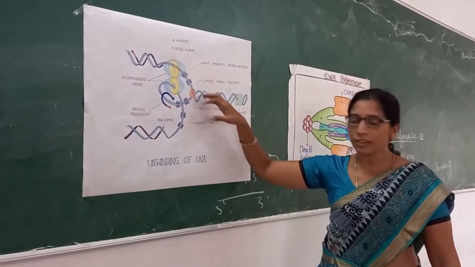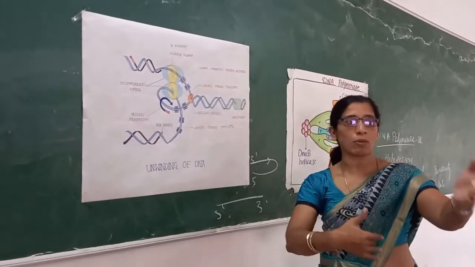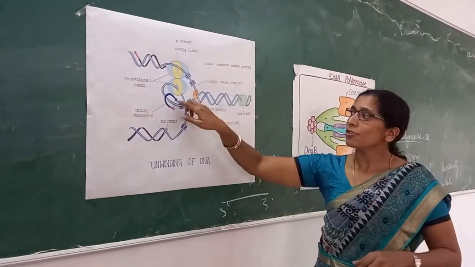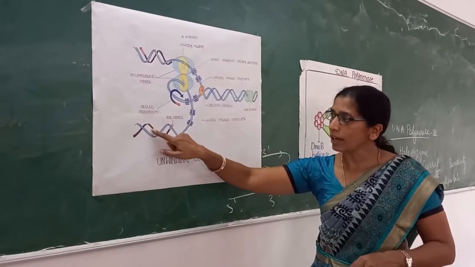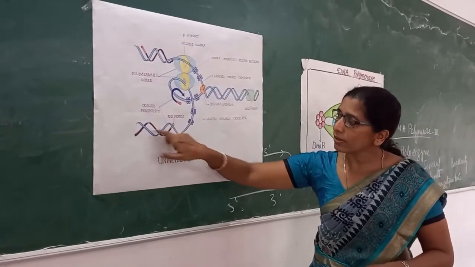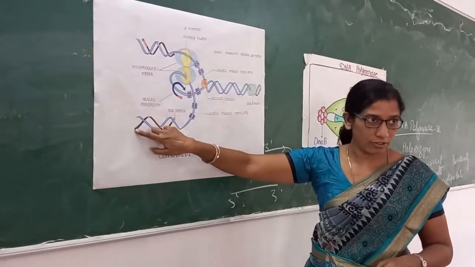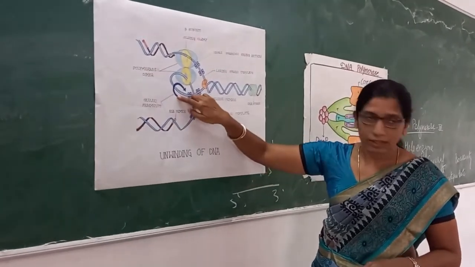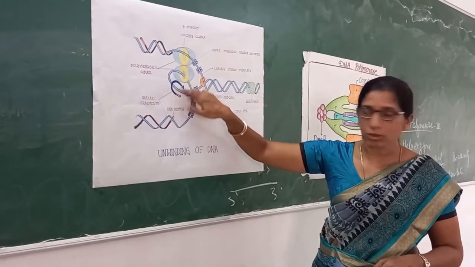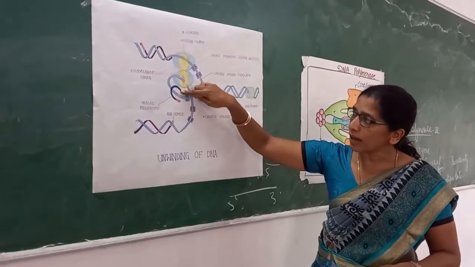Again, when the leading strand proceeds further, it will form a loop. Here in the diagram, this is the previously synthesized fragment, and this will now be synthesized. How long will this Okazaki fragment continue?